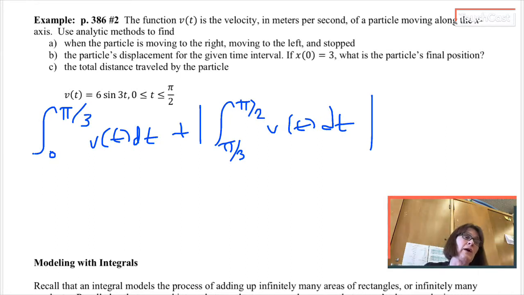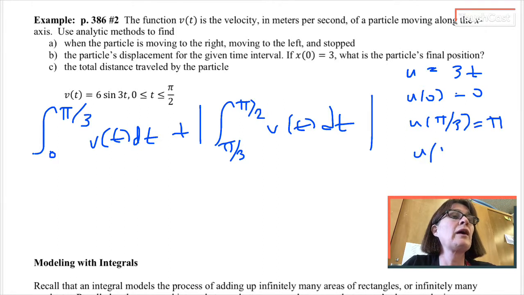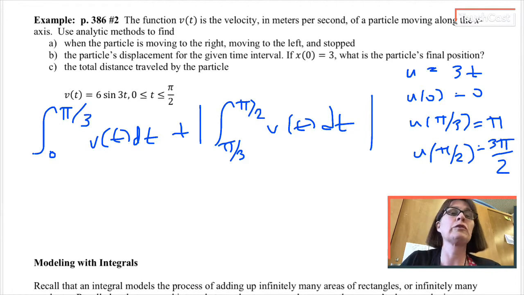I've already done all that work to find the antiderivative. Let's see, u is 3t, so u of 0 is 0, u of pi over 3 is pi, u of pi over 2 is 3 pi over 2.